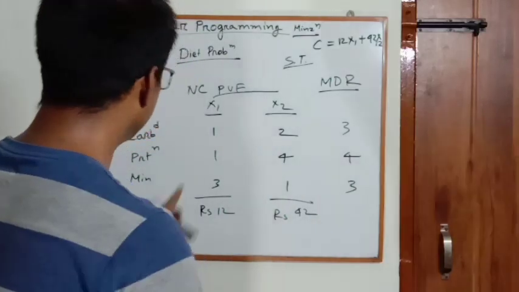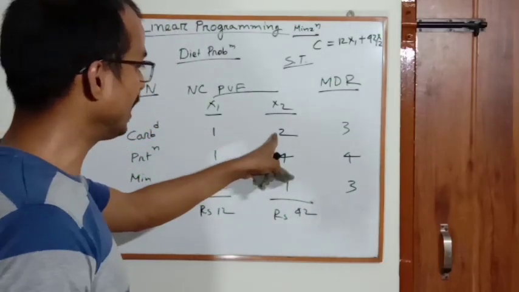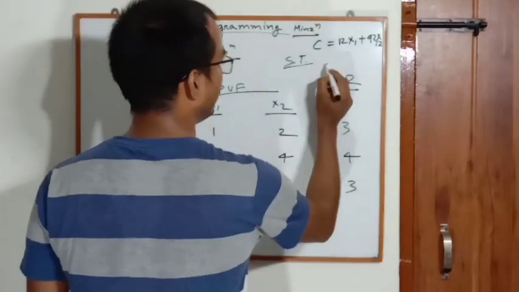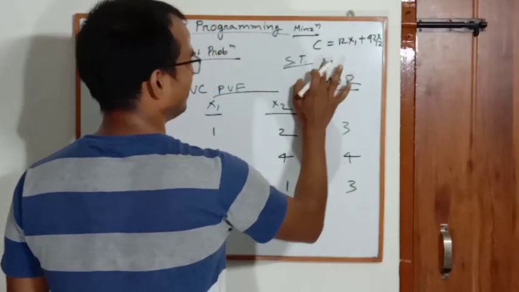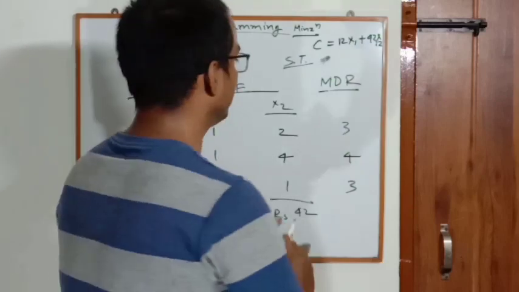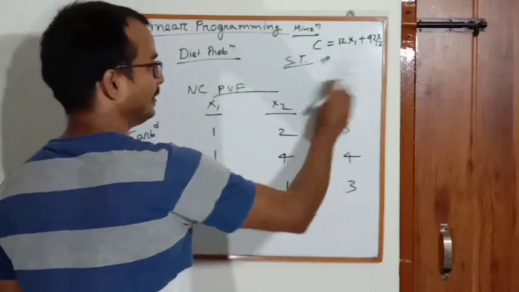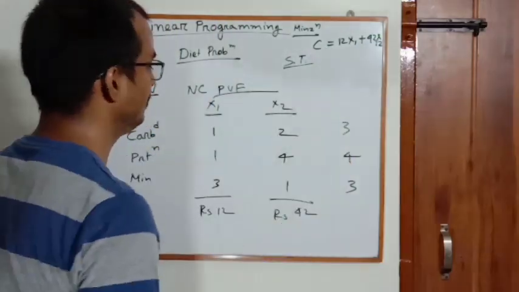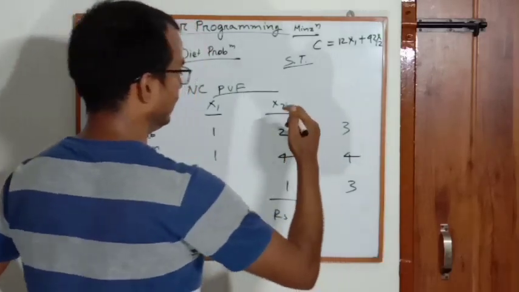The constraint is 1x1 plus 2x2. Oh sorry, I don't require to write 1. Achha, I can erase this. I hope you have seen. If not, repeat the video.